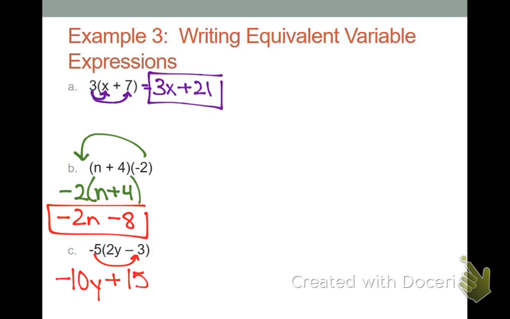Negative 10y plus 15. You see how that's easy to mess up? Okay. Did anybody get that exactly right? Negative 10y plus 15? Okay, did y'all mess up the sign? Did you mess up the sign? All right, so on your homework tonight, that's going to be your pitfall on this section. Make sure you get the sign correct on your homework tonight.